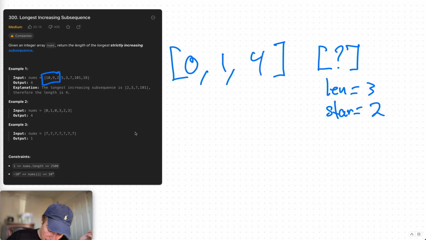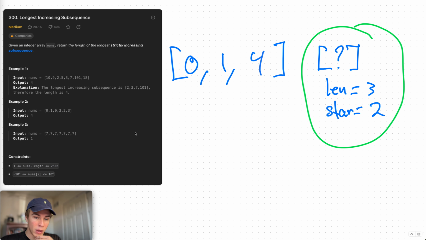So let's say that this is the secret array, and the first 3 numbers that appear in this array are here. They're different, but it's for the purpose of the example. So if I have these 2 knowns about my secret subarray, could I figure out what is the longest increasing subsequence of these 2 things combined?